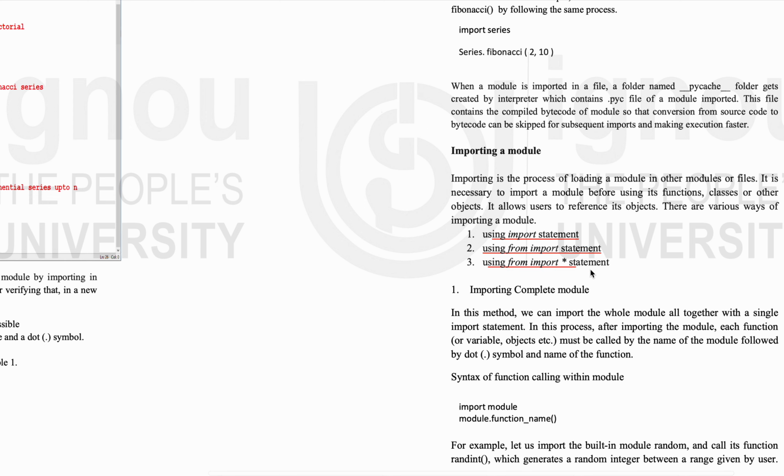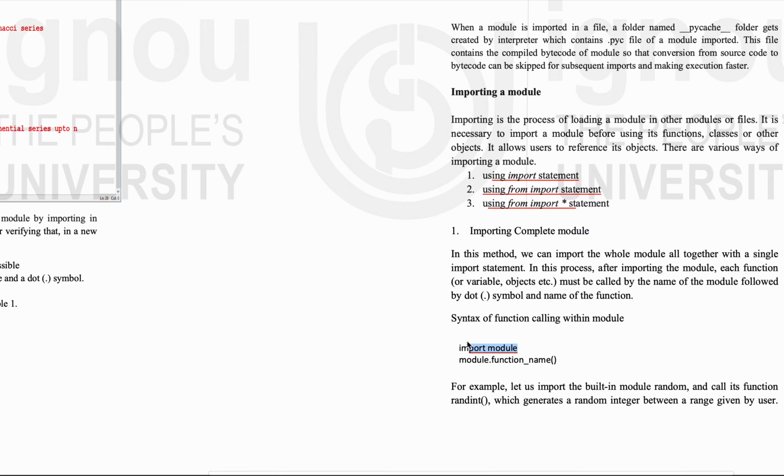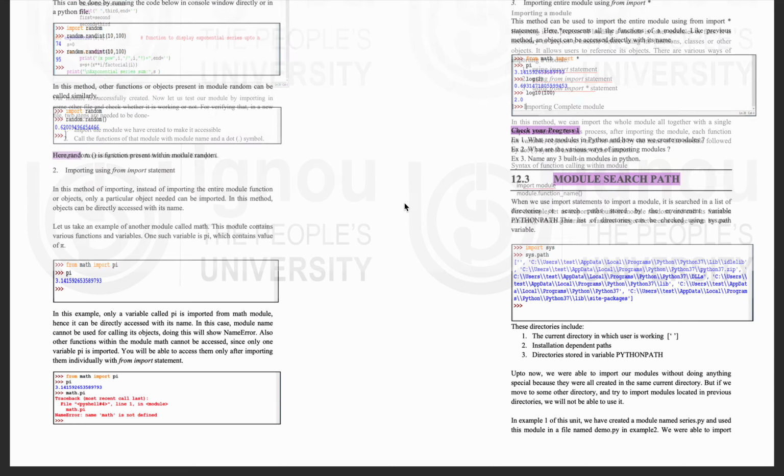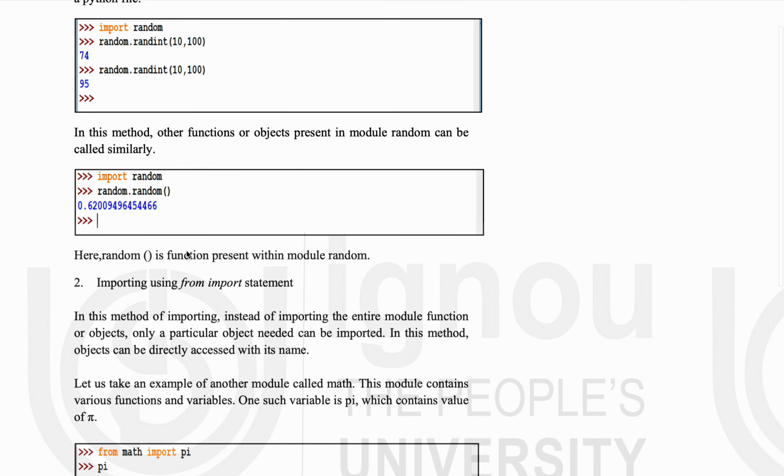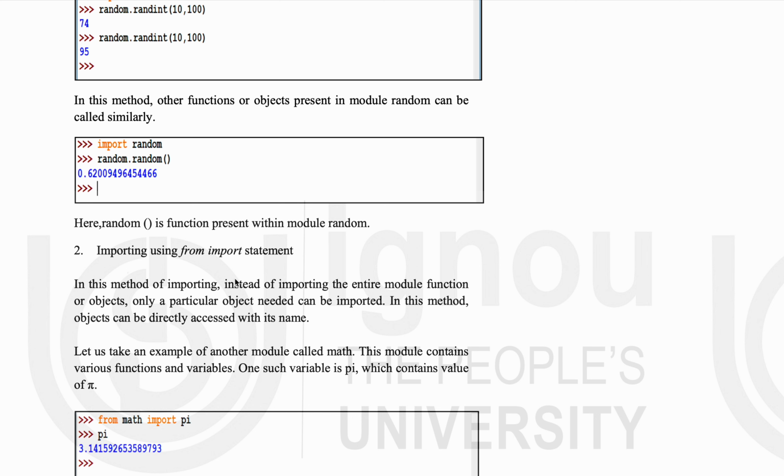Importing complete module, import module dot function name से लिखना है. ठीक है, so import random, यहाँ पे random.randint 0 and 10. So इसके बीच का कोई random int चला रहा है, मतलब any number will be printed randomly. And in this method, import random dot random कॉल करना है, random int इसके बीच के निकाल रहे हैं.